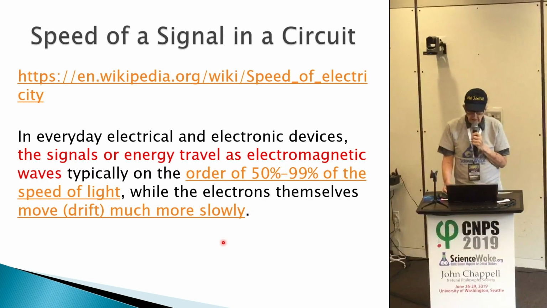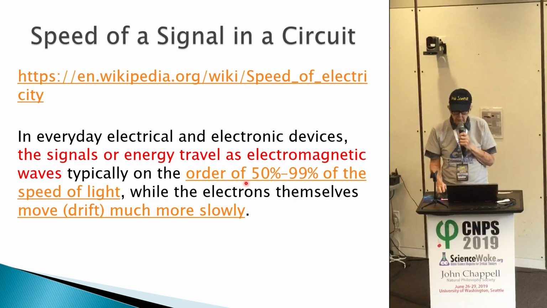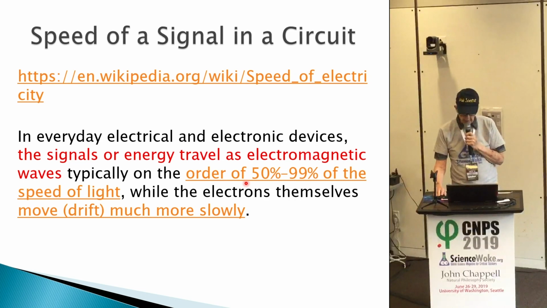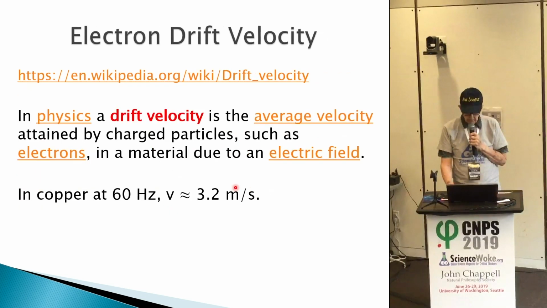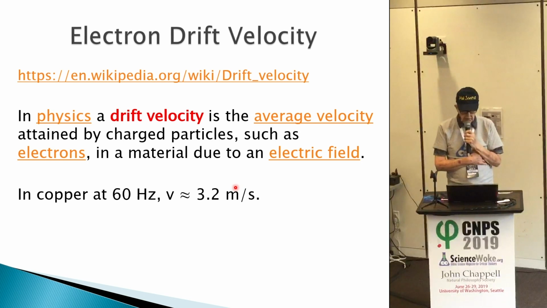Okay, the speed of a signal in the circuit gets very confusing. From this link, I see that it states everyday electronic devices, signals or energy travel as electromagnetic waves, and they travel at the speed of 50% to 99% of the speed of light. That's what they say. The electrons themselves drift much more slowly. In fact, the same link explains drift velocity.